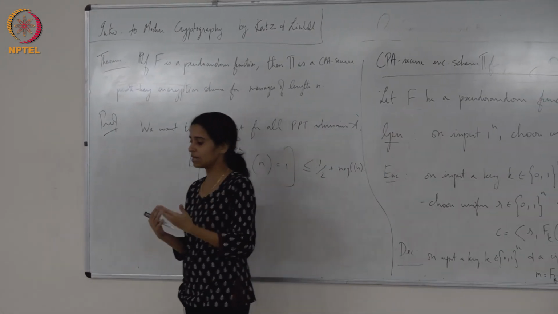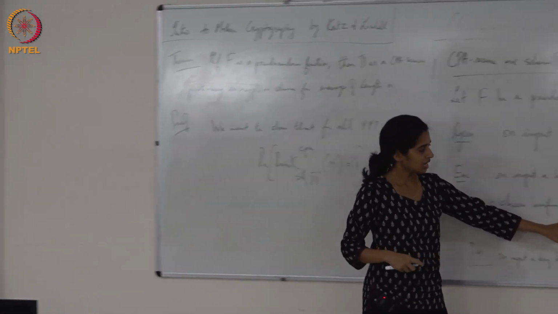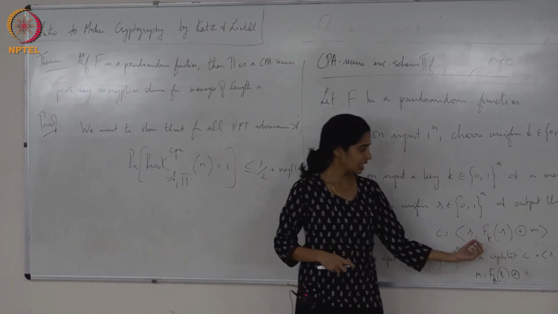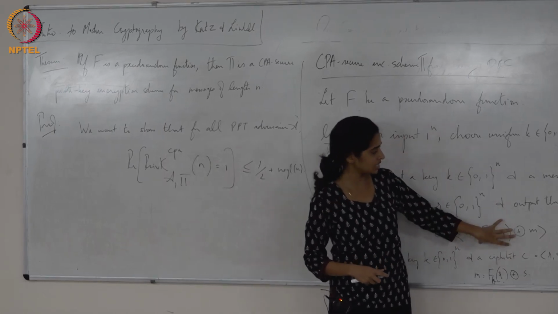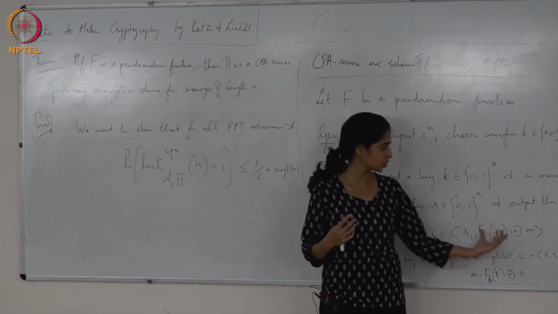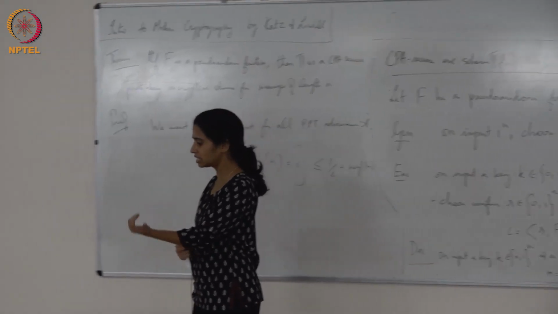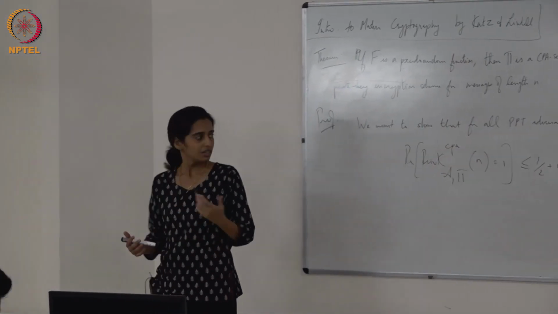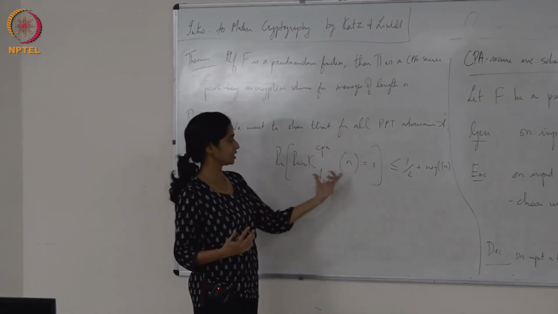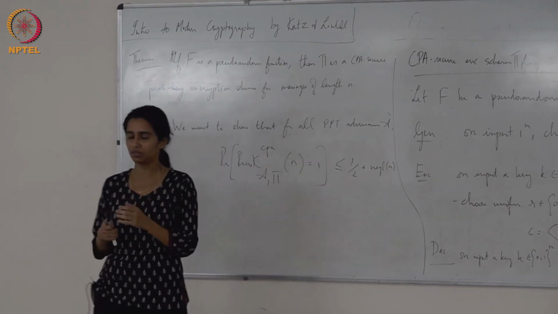Once you establish that, as a second step, you view the scheme as using a truly random function, and then you are essentially just doing the one-time pad. The probabilistic analysis will show that for the scheme that uses a truly random function, the adversary will succeed in this experiment with at most half plus negligible probability. So these are the two steps that it will take.